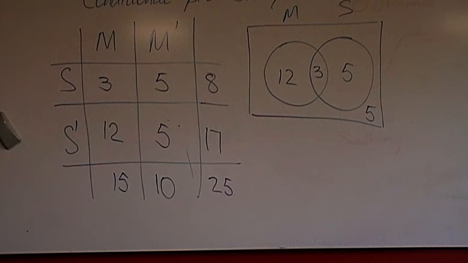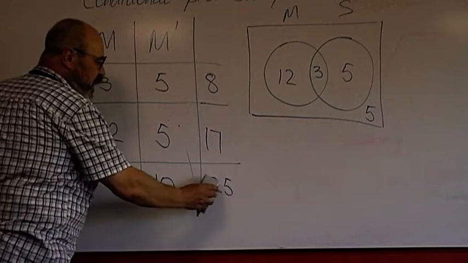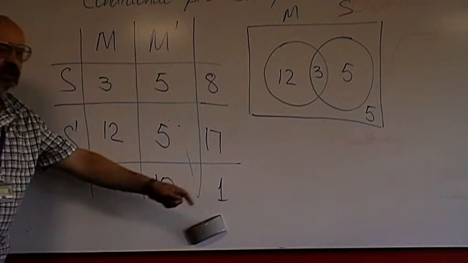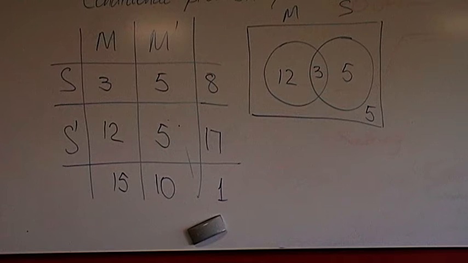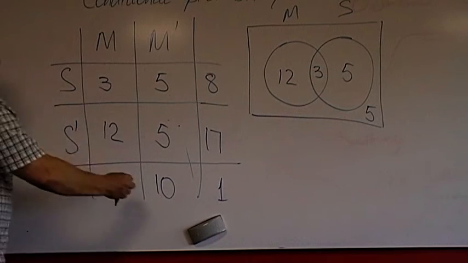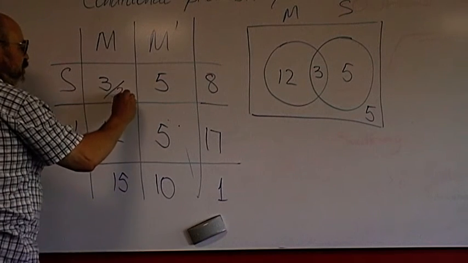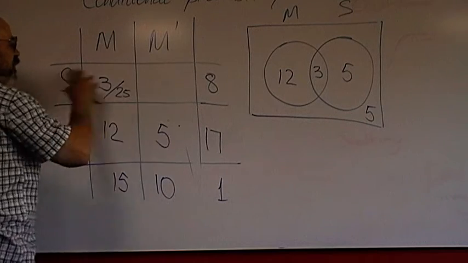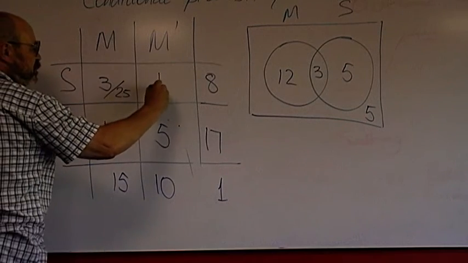Now, let's represent it not with just numbers, but with probabilities. We will be taking out of 25, so this will always be 1. Total probability is 1. Here we will have 3 on 25. This will be 5 on 25, which is 1/5.